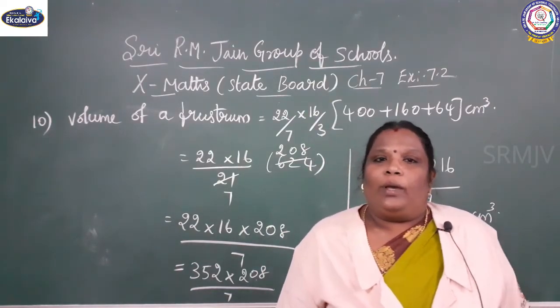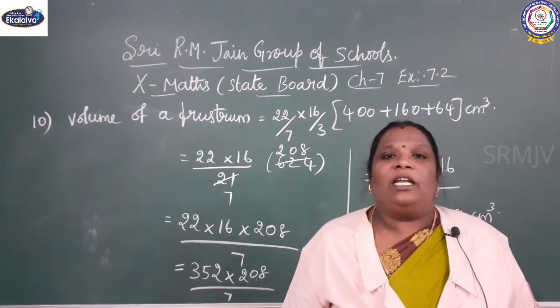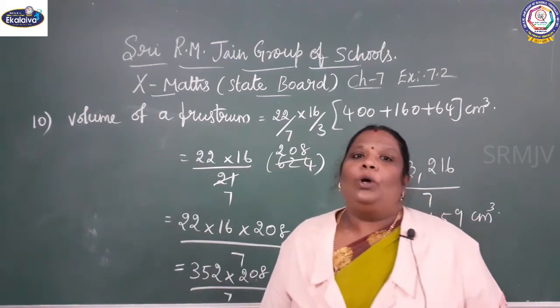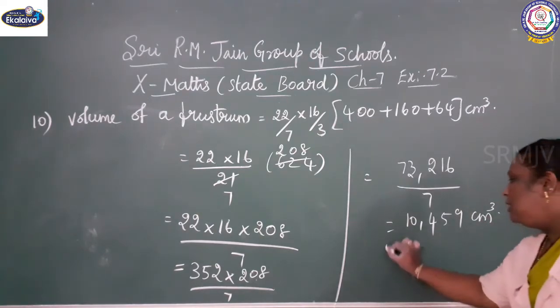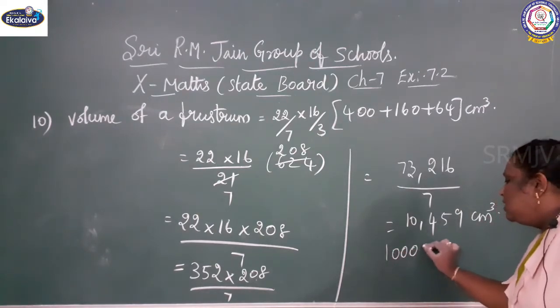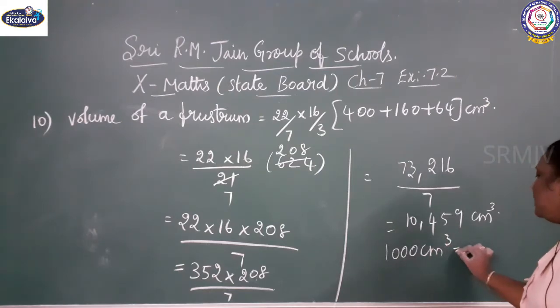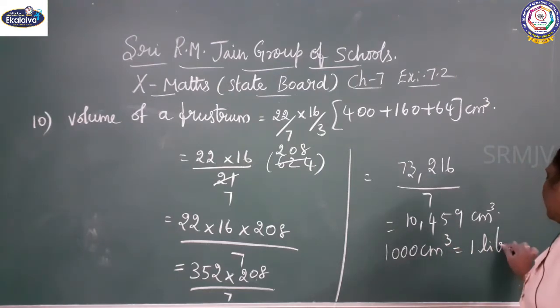So now we get the answer in centimeter cube. You can change it into liter. 1000 centimeter cube equal to 1 liter.